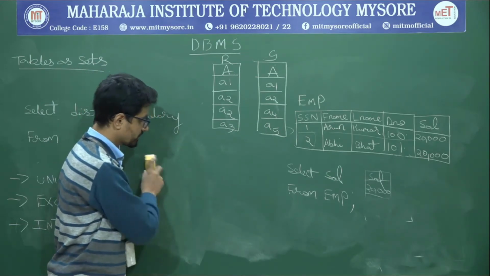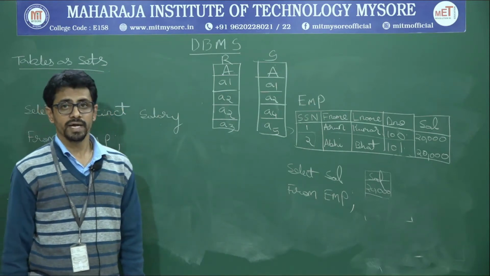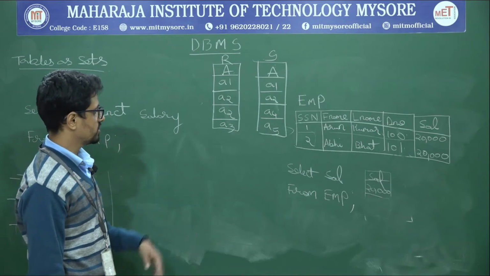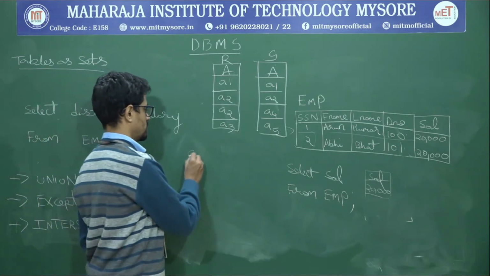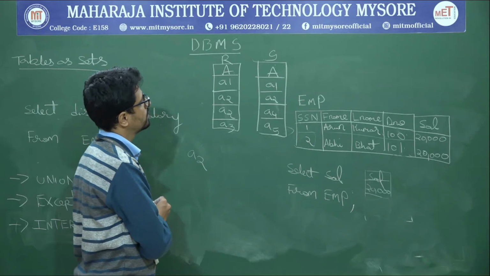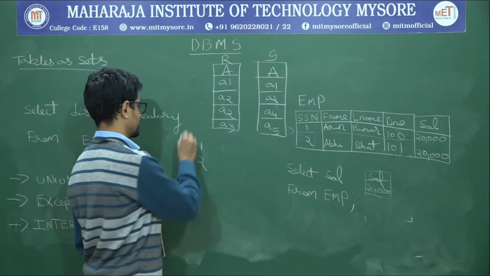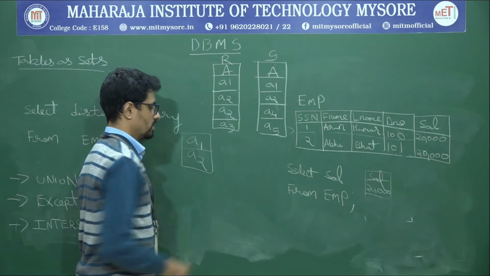Now coming to the intersection. So what is the intersection of this? A2, A1, that's it, right?